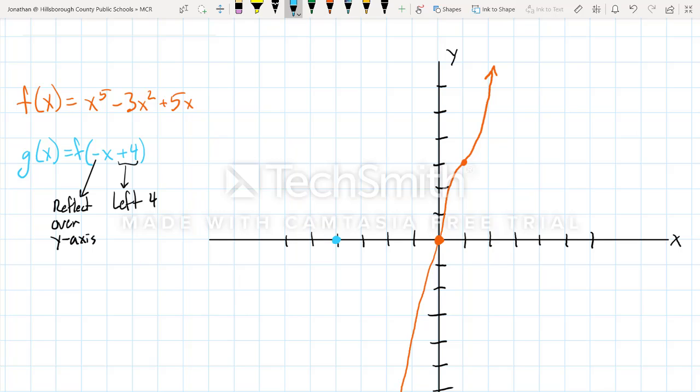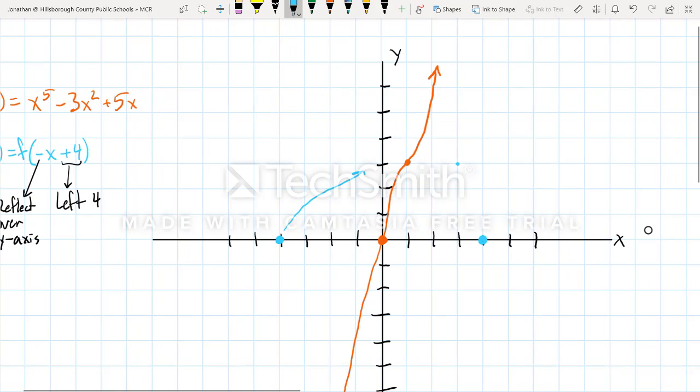And now we're going to reflect over the y-axis. So we're flipping. It's like you're holding a mirror up to the function. So this is going to go from here all the way over to positive 4. And since we are reflecting, it's going to look like that.